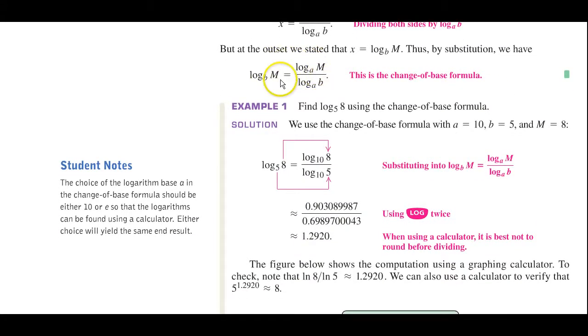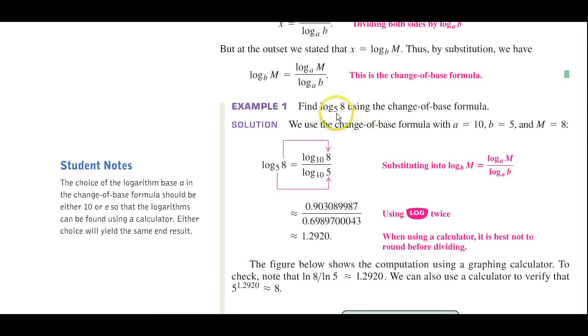So what do we do? This is our change of base formula. Well, the key is we have to identify our M. We have to identify our A. And we have to identify our B. So here they're saying log base 5 of 8 using the change of base formula.